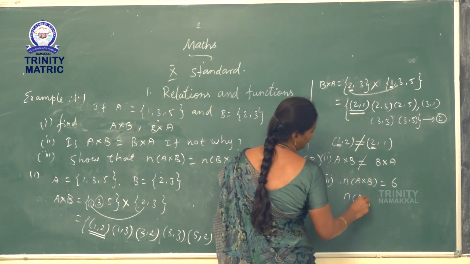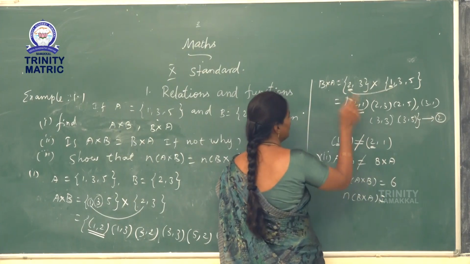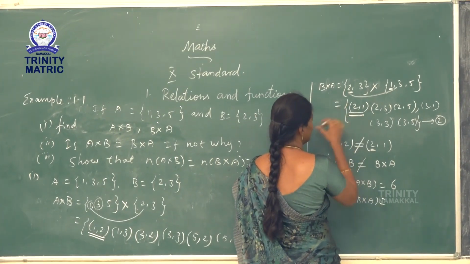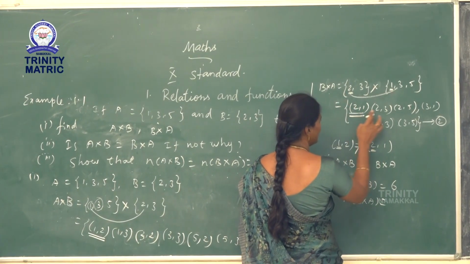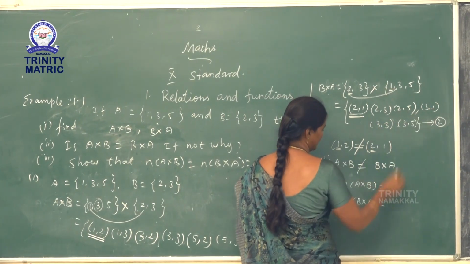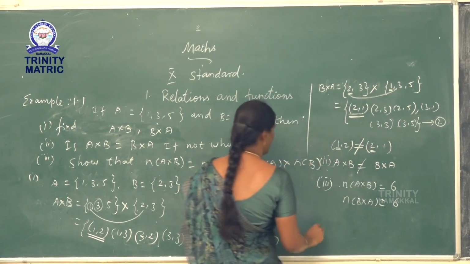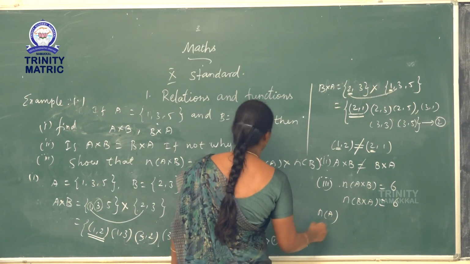N of B cross A: how many ordered pairs are in this set B cross A? 1, 2, 3, 4, 5, 6, six elements.